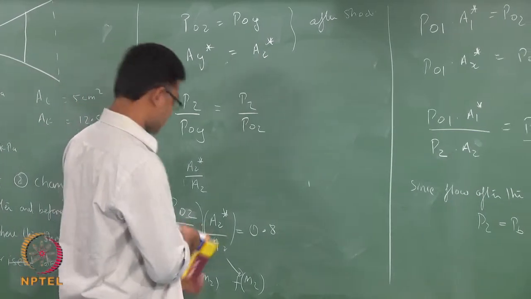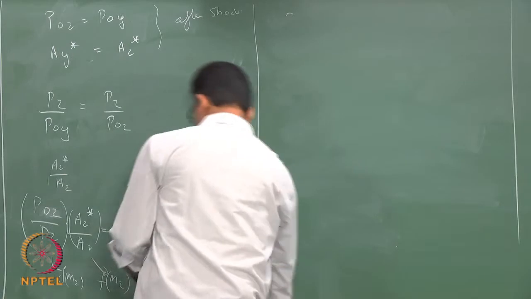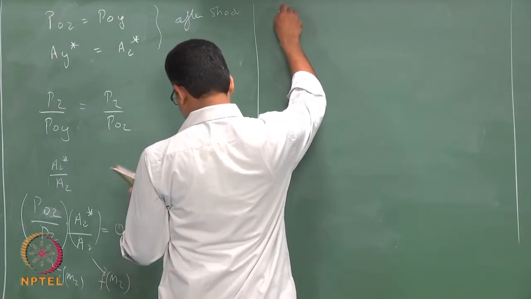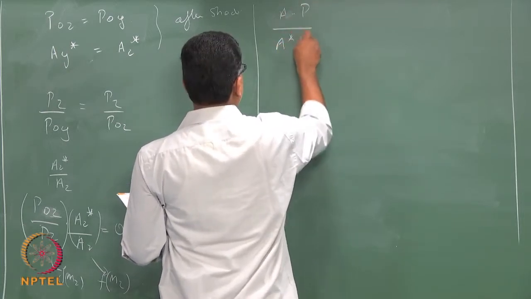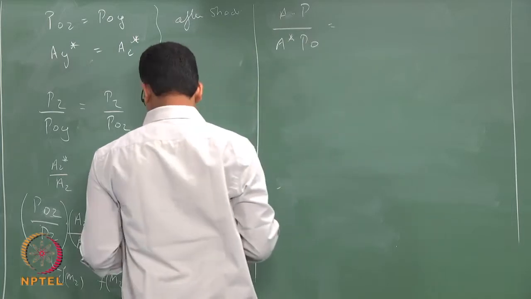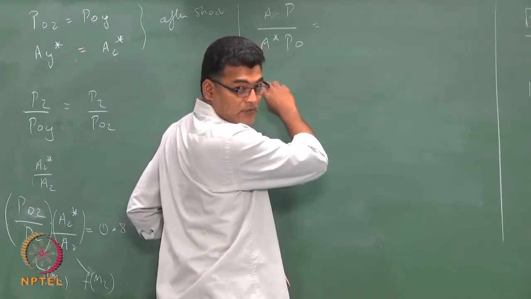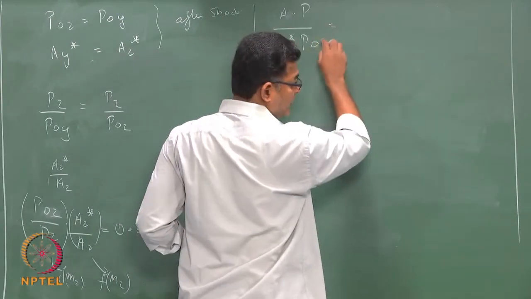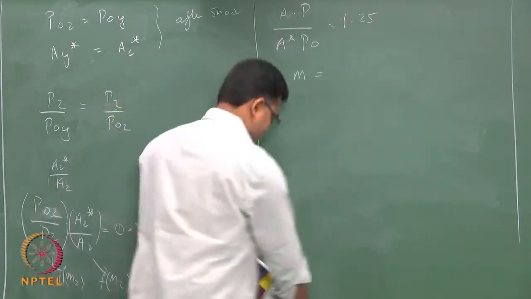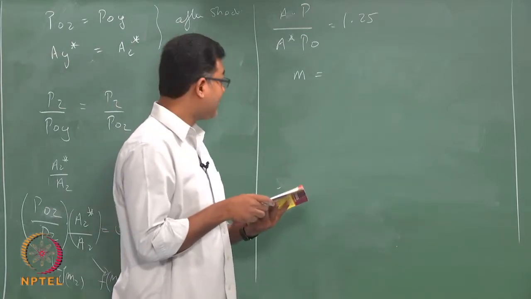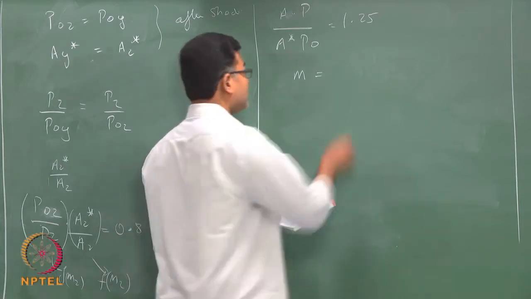In the tables it's the reciprocal of that, A into P by A star into P0, which would be 1.25. So you look at 1.25, and for this particular value your Mach number you would get as 0.45.